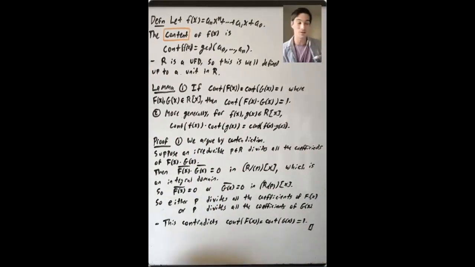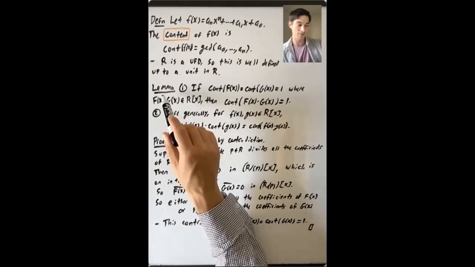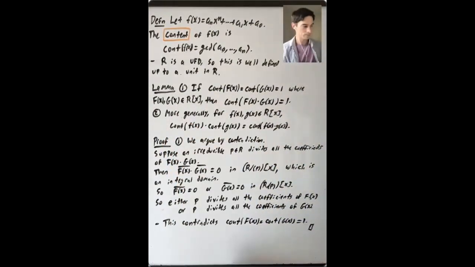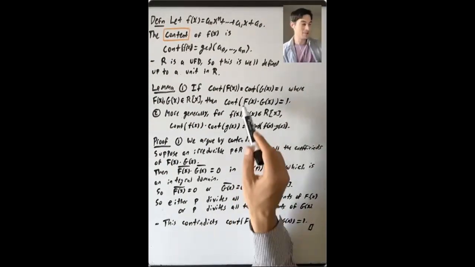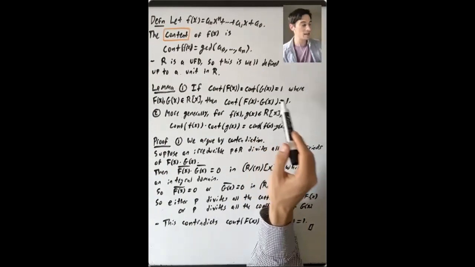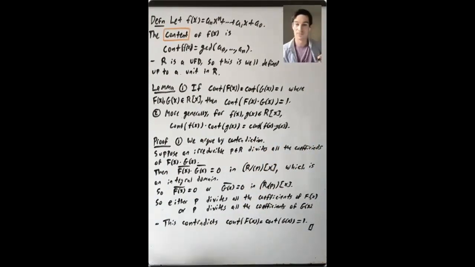There's no irreducible dividing all of the coefficients of f, and there's no irreducible dividing all of the coefficients of g. Then the same thing is true of the product. The content of the product, f of x times g of x, is also equal to 1.